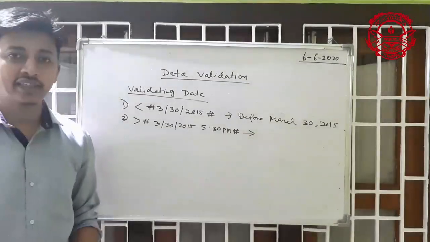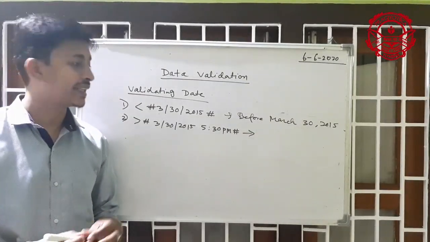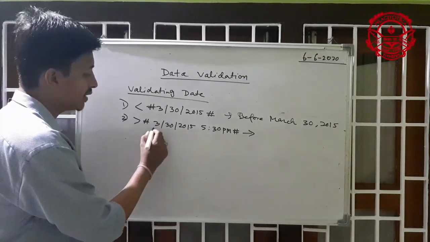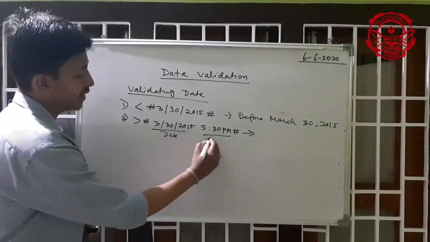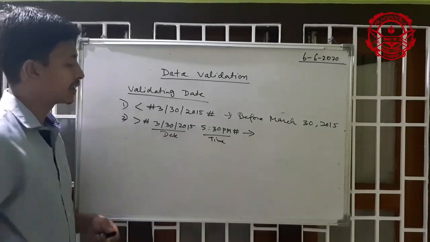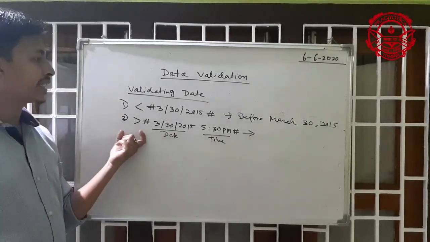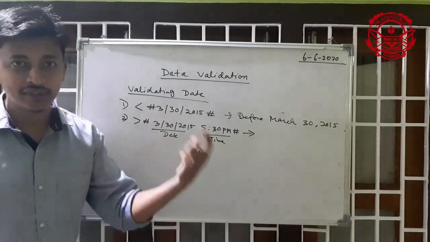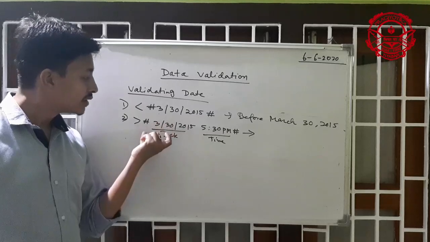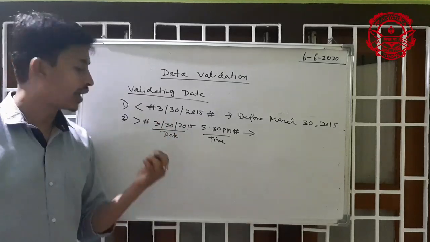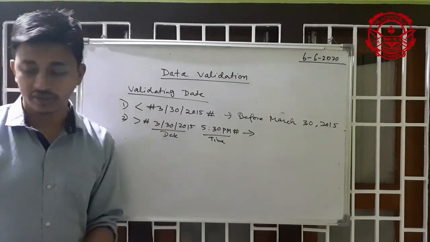Here you can see the date and the time are both given. This is the date and this is the time. The date should be greater than, it should be after, not before. It should be after 30 March.